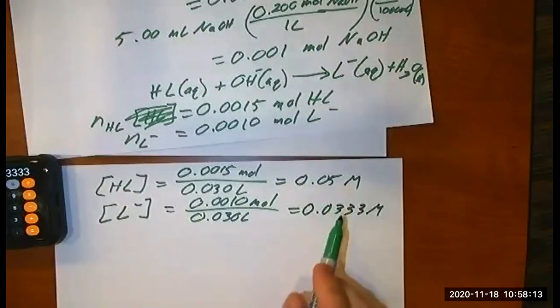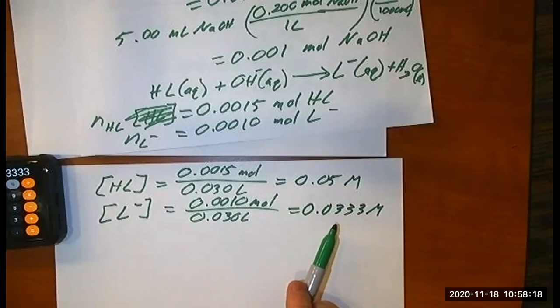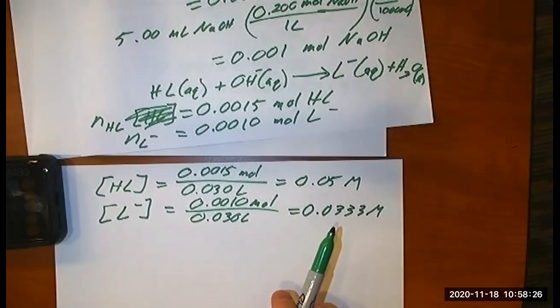Now that we have these concentrations, we compare them. Can anybody remind me what the criteria are for when we can use the simpler Henderson-Hasselbalch equation versus when we should use an ice table?